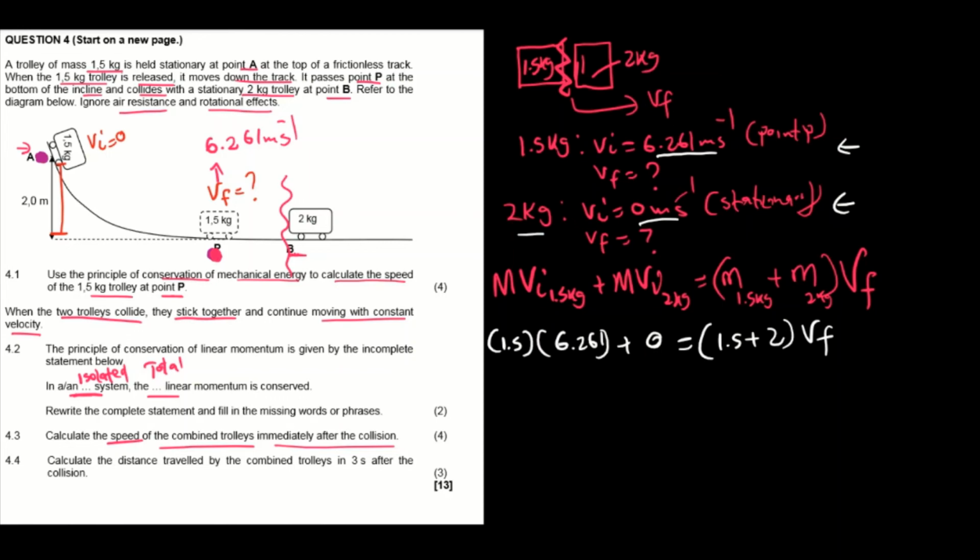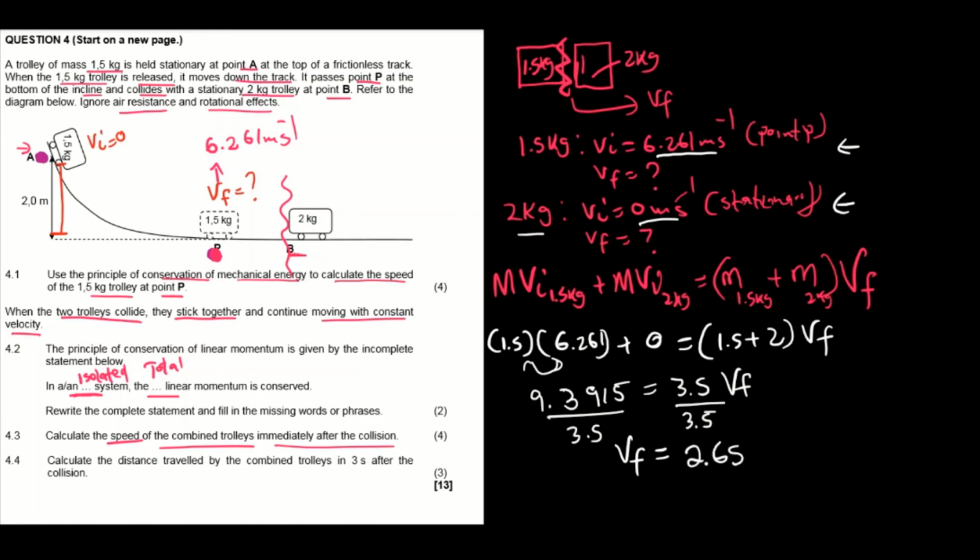So we're going to find the product of these two, which will give us 9.3915 equals to, so you're going to add these two, it's going to give us 3.5 V final. Divide by 3.5 both sides. So the V final, which is the combined velocity of the two objects, is going to be 2.68 meters per second.